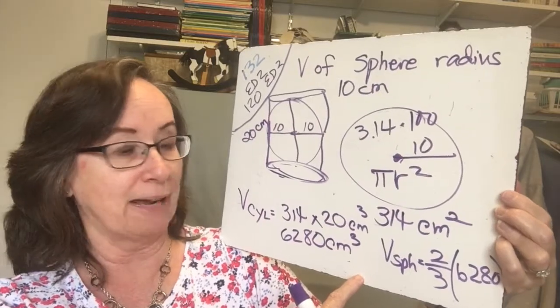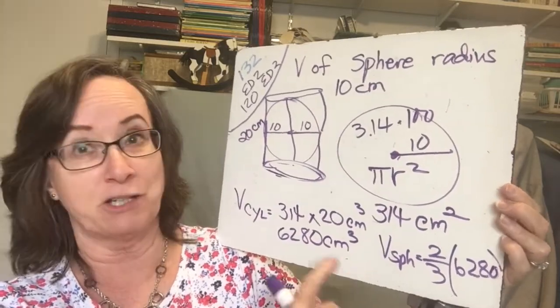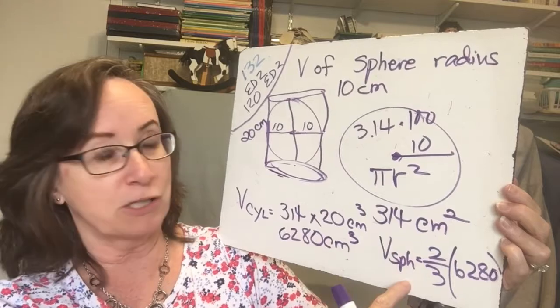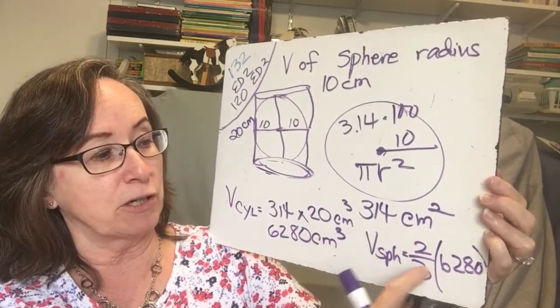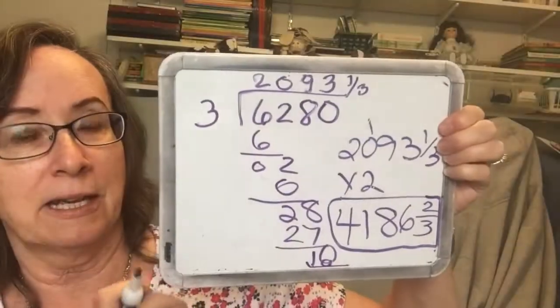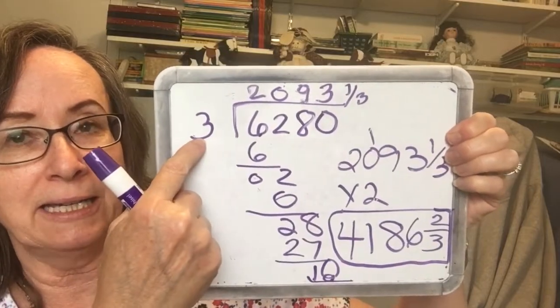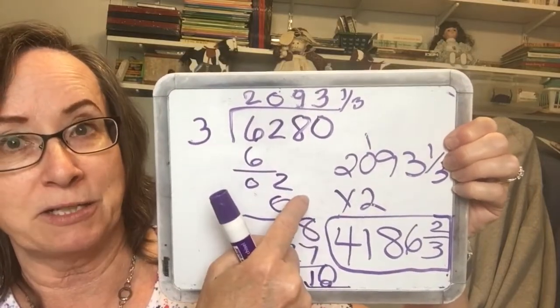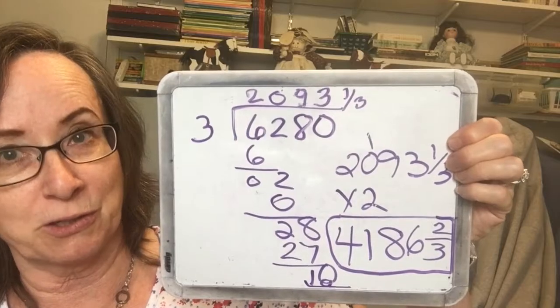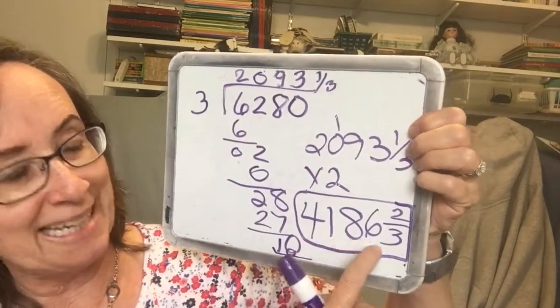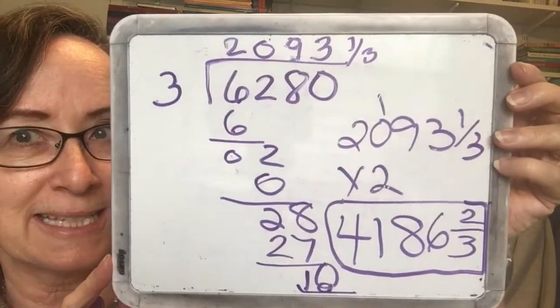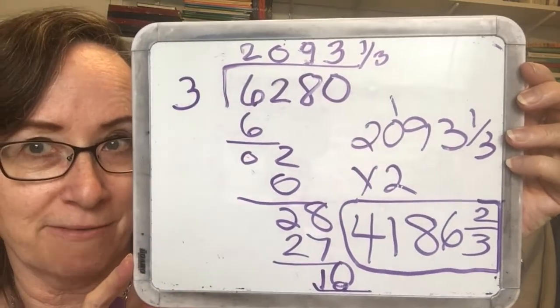And now I have to find 2/3 of that, which will be the volume of my sphere. So I did 2/3 of 6,280 right here. First, I divided by 3, and then I multiplied by 2, which gives me 2/3 of what I started with. So 4,186 2/3 is the volume of the sphere.